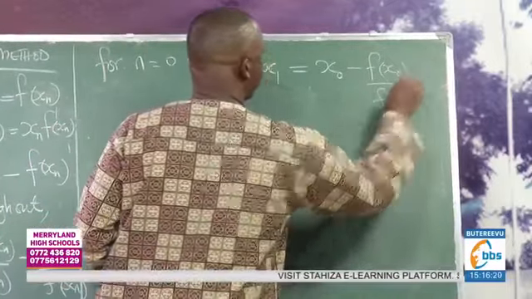And the magnitude of the difference between the first and the next root, which I will emphasize, candidates here should note that if I get x_{n+1} and I take away x_n, whether the value I get is negative, that's why I put the modulus sign, it is going to be considered as positive.